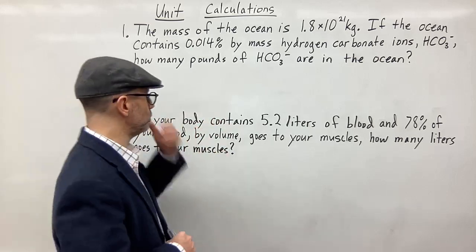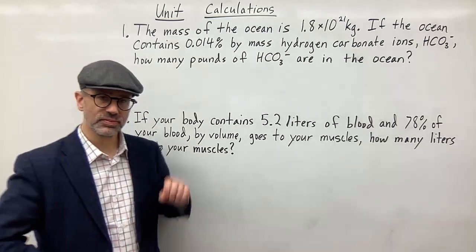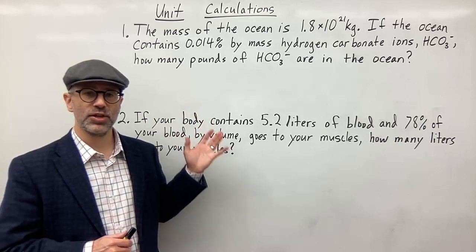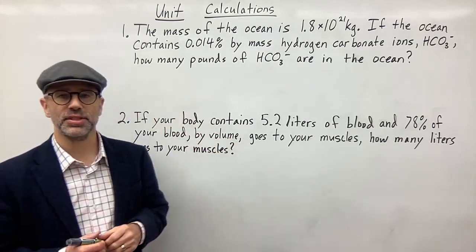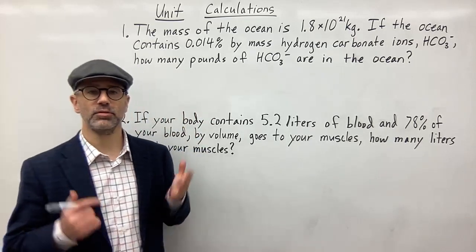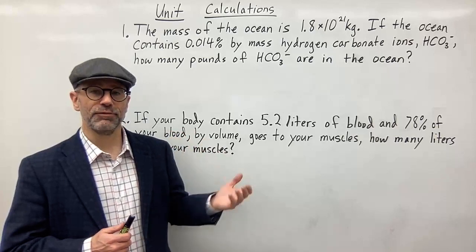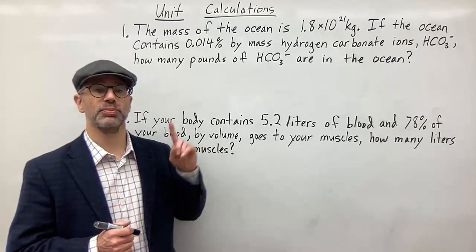Okay, so let's apply this to these problems here. Problem number one, the mass of the ocean they're giving me is 1.8 times 10 to the 21 kilograms. So that's a piece of information they're giving me. If the ocean contains 0.014%, there's a percentage.